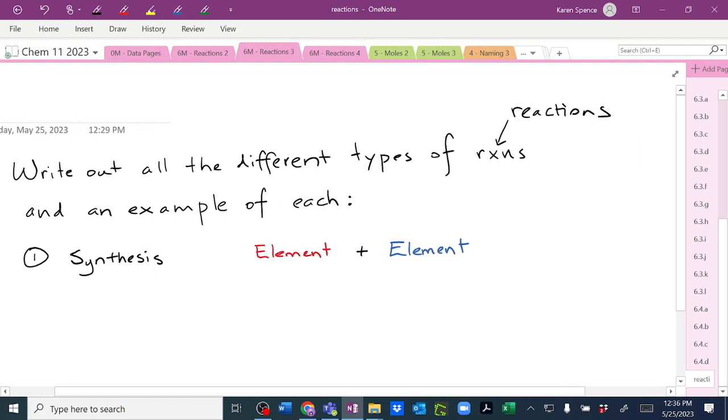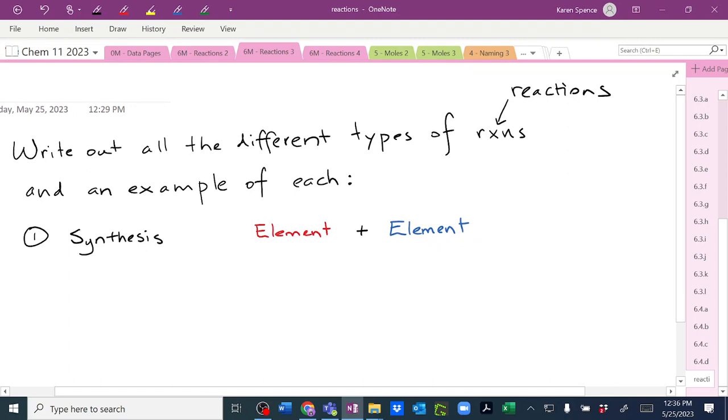And when we react them together, do we write an equal sign? No, we write an arrow, okay? And what do we get when we react that element and that element? We get a compound, yes.